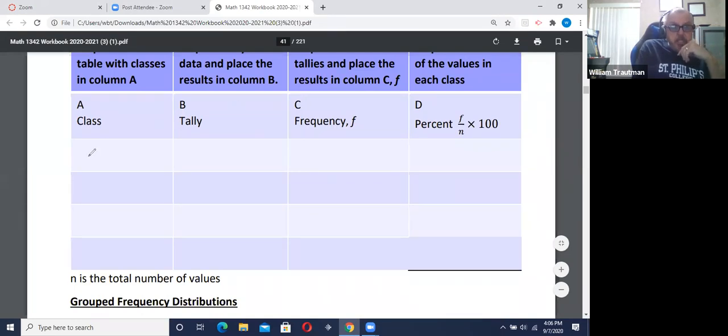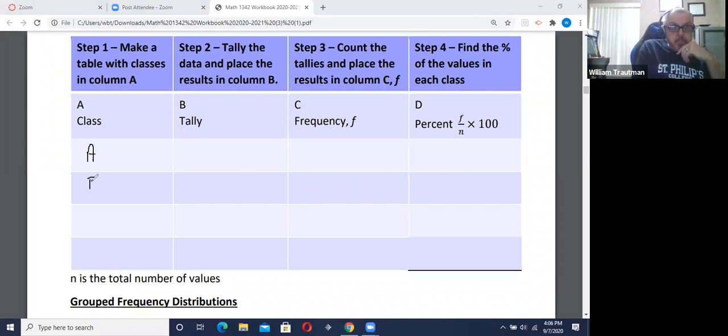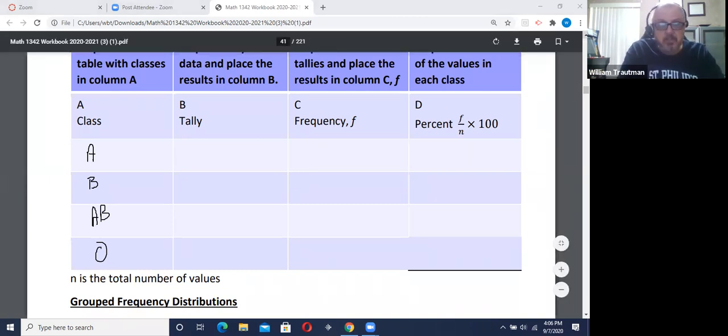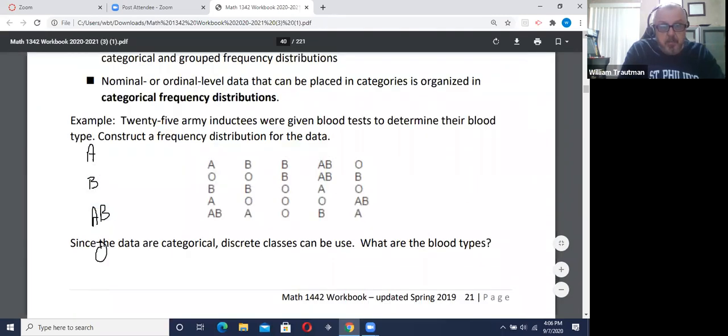There was A, B, and then there was O. I think there were 4 types of blood listed there. Let's verify that. A, B, O, and AB, yes.